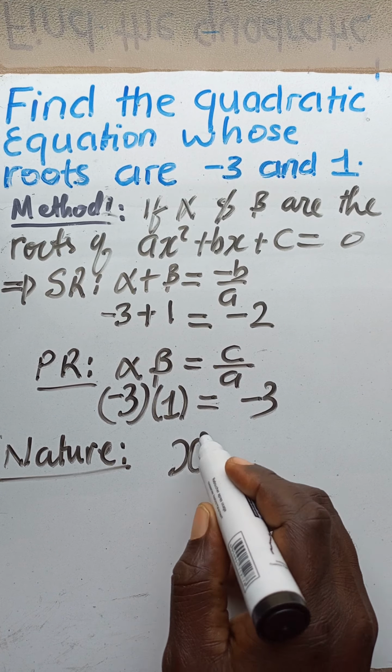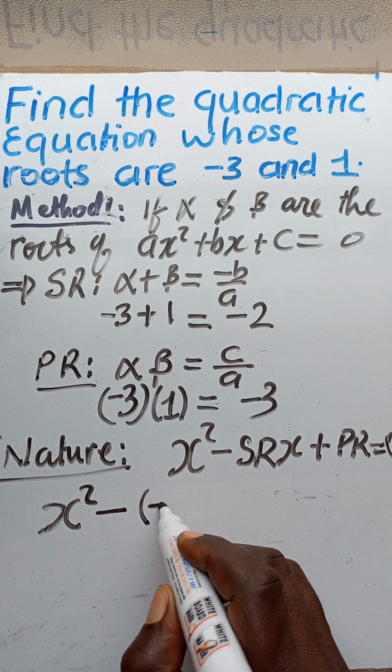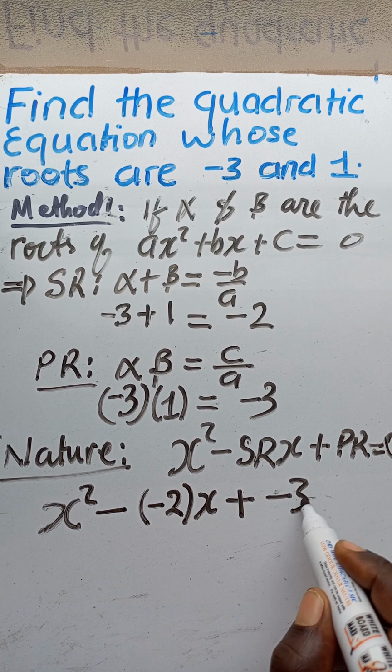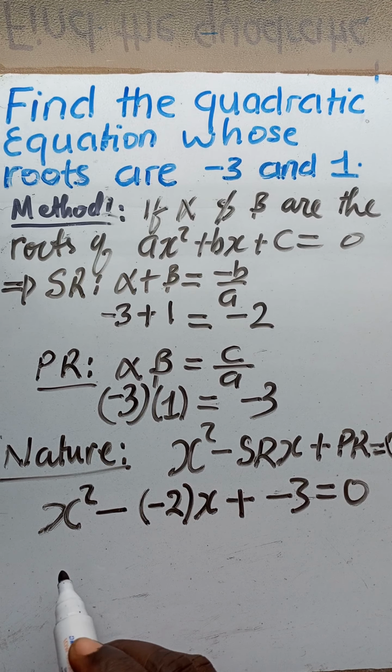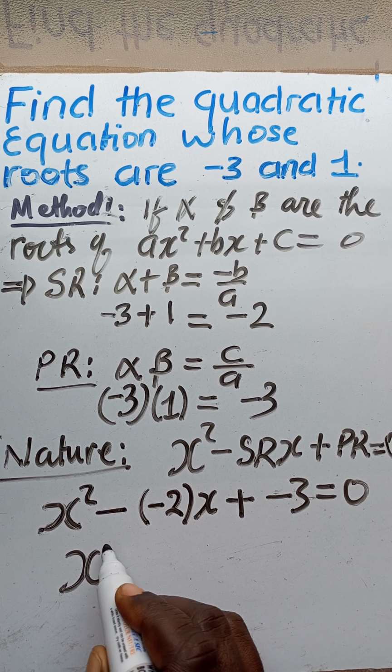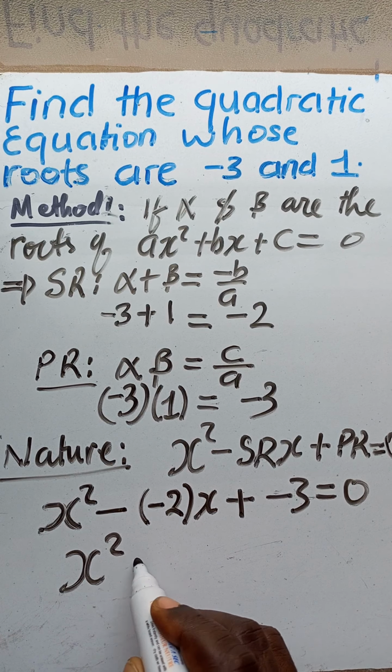So we'll get x squared minus sum of root, -2, multiplied to x plus product of root, -3, equals 0. So we just clean up this. Negative times negative gives us positive. Positive times negative gives us negative. And once more, we obtain the same quadratic equation as before. So this is a quadratic equation whose roots are -3 and +1.